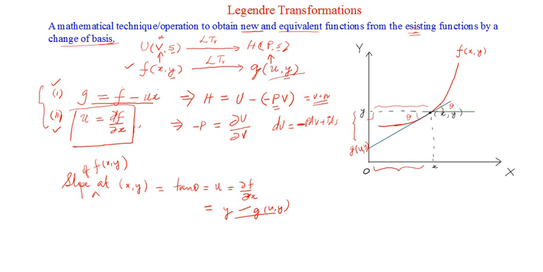So what will you get from here? On the left side I have called the tan theta slope as u. So I will get ux is equal to y minus g of u, y.